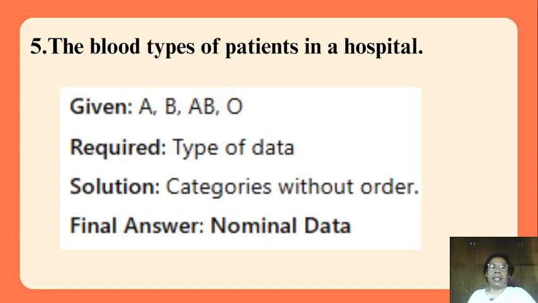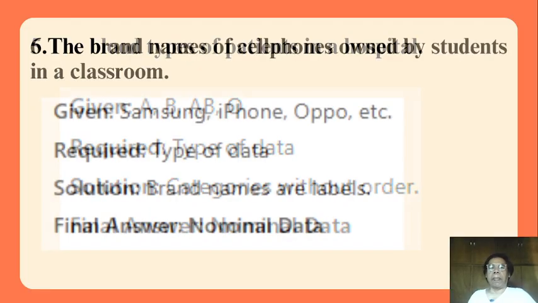And then number 5, the blood types of patients in a hospital. We have A, B, and O. We are required to state or determine the type of data. Solution, these are categories without order. So the final answer, nominal data.